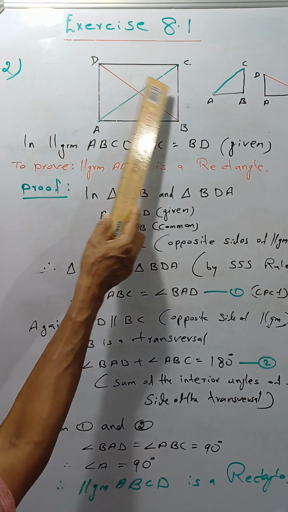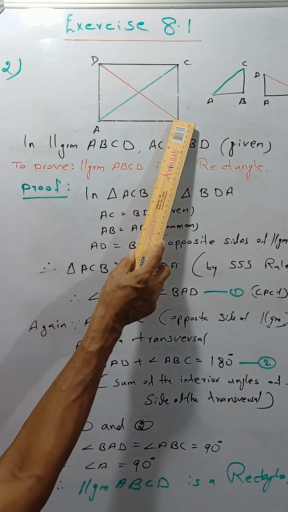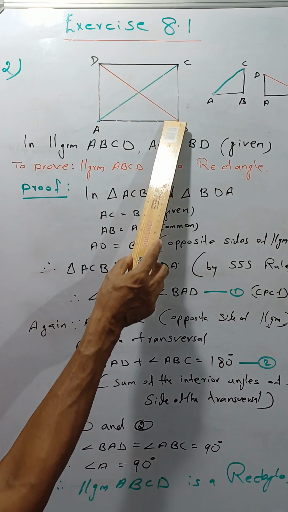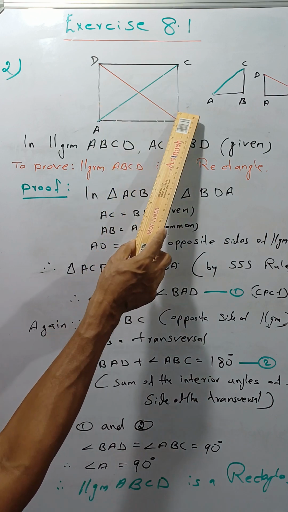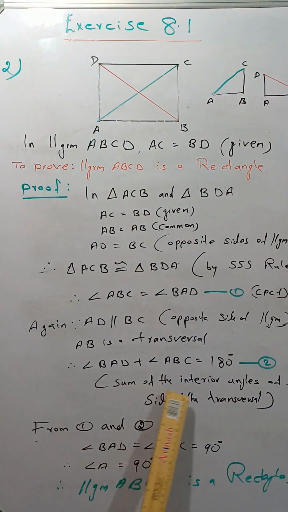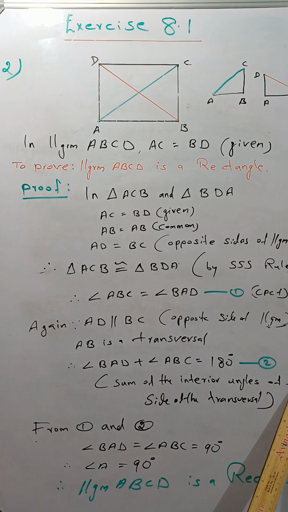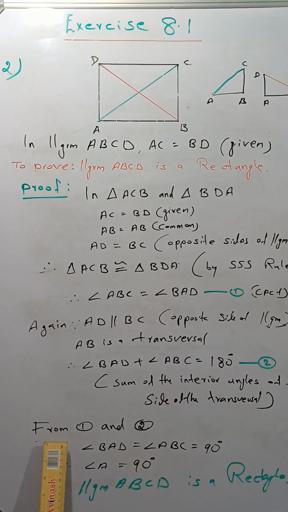These two are parallel lines and this is the transversal. Then we know that this angle plus this angle is 180 degree. Sum of the interior angles on the same side of the transversal. From 1 and 2, what we get?